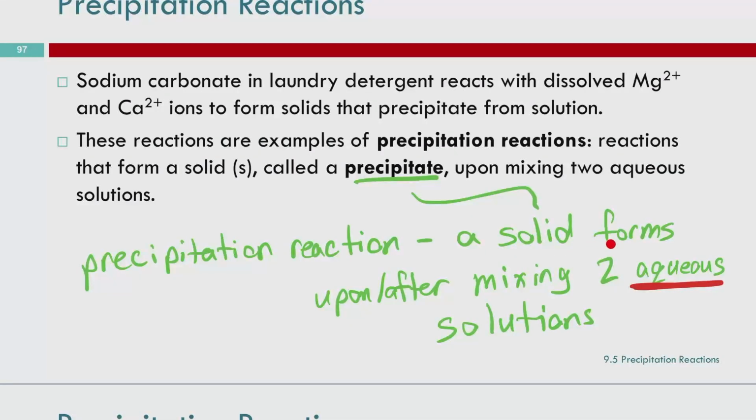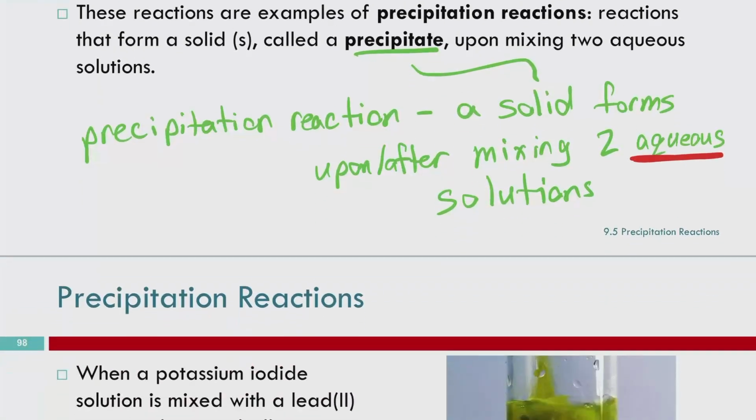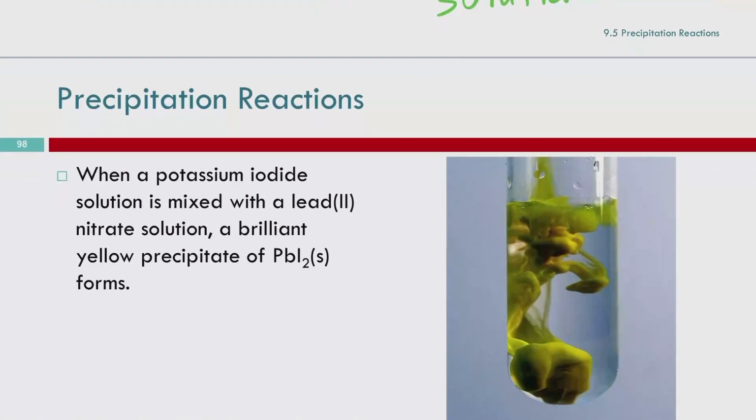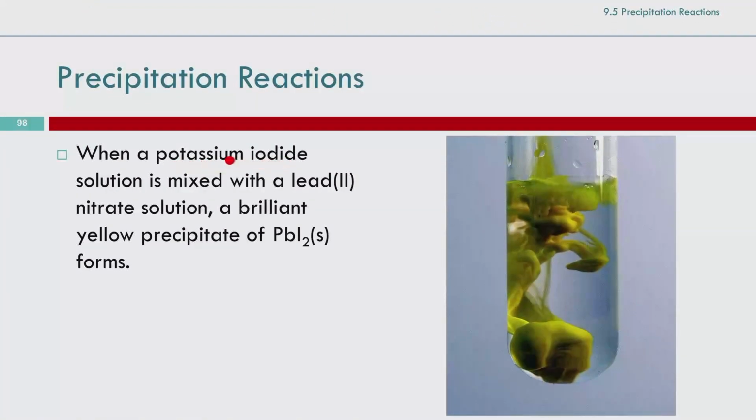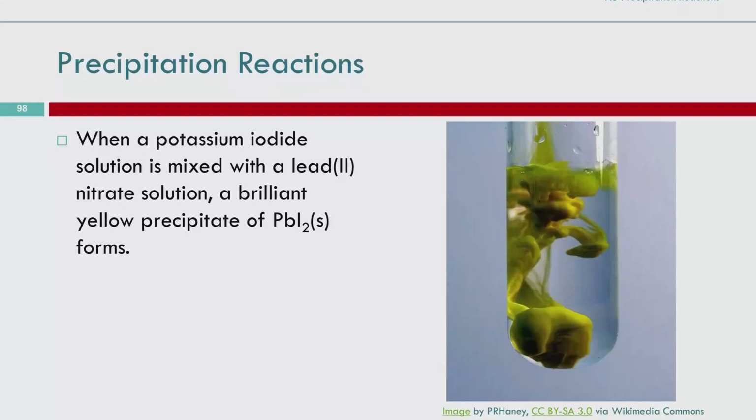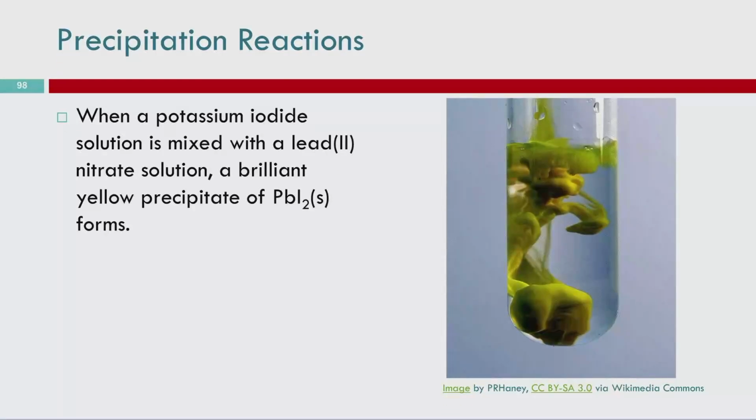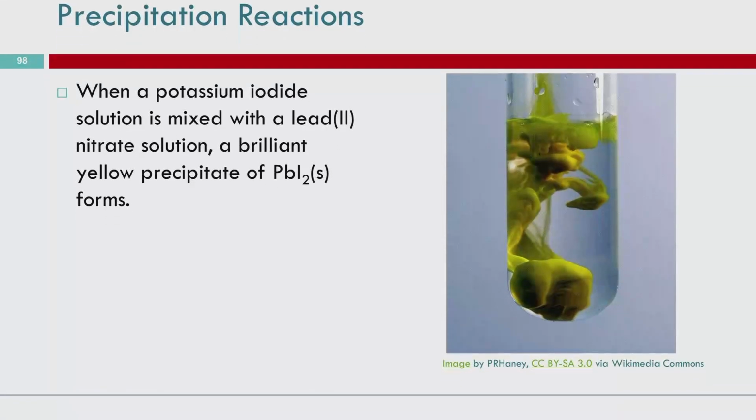So a solid forming from mixing aqueous solutions. That's our precipitation reaction. An example of this is when you mix potassium iodide solution with lead 2 nitrate. You get this bright yellow lead 2 iodide solid, or precipitate rather.